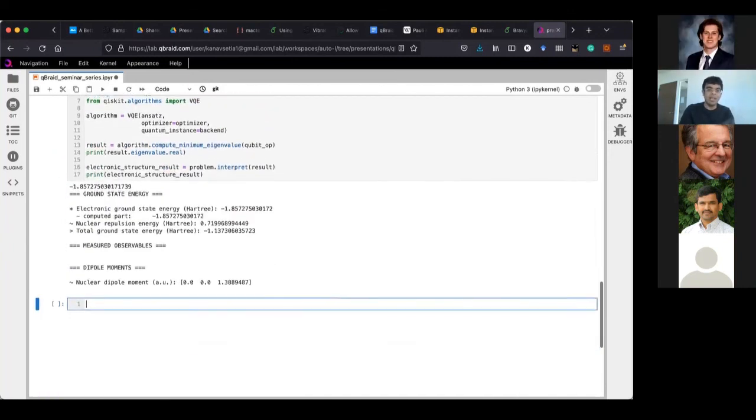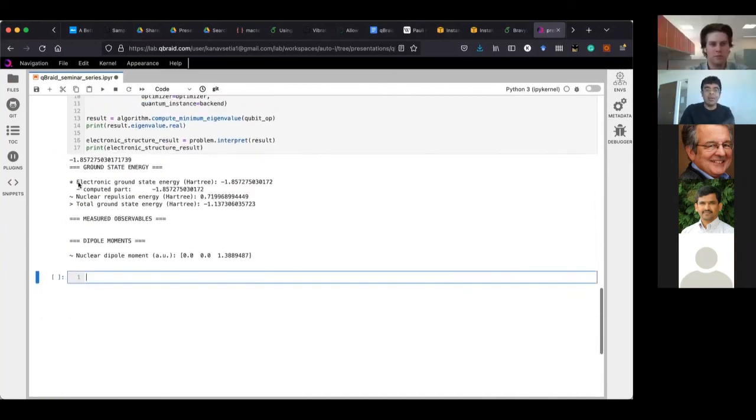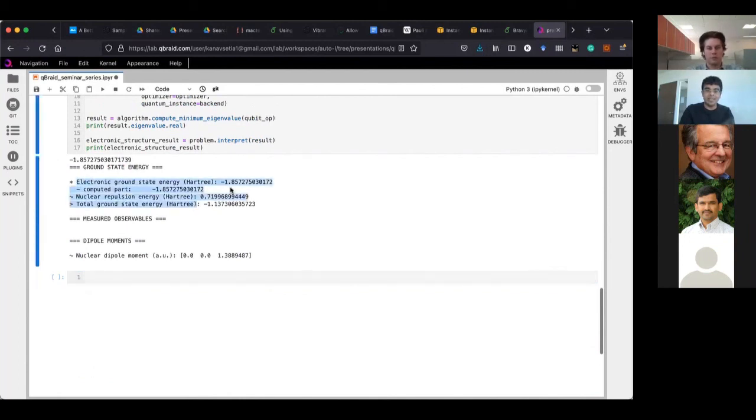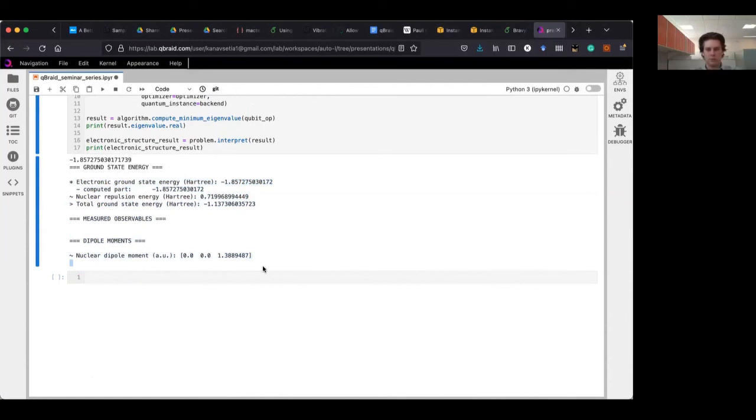So if you run it, you can see that the ground state energy is minus 1.857275 and so on. It also calculates a few other things like dipole moments, things which are of interest to quantum chemists.